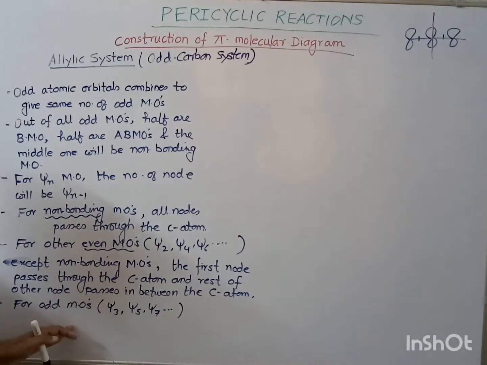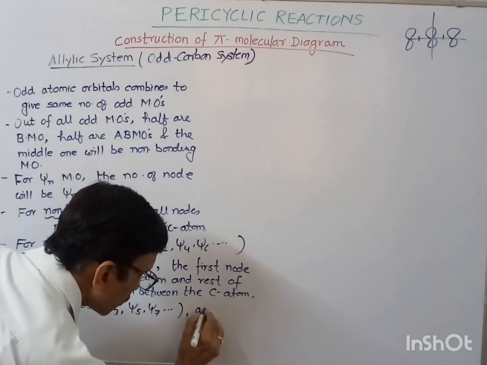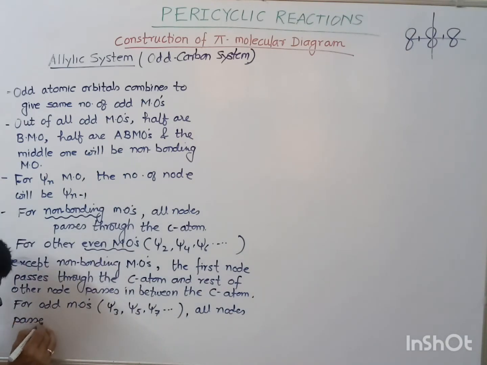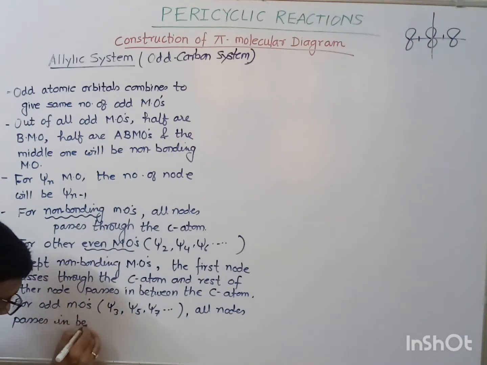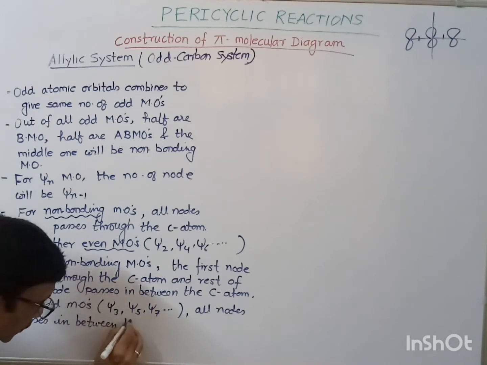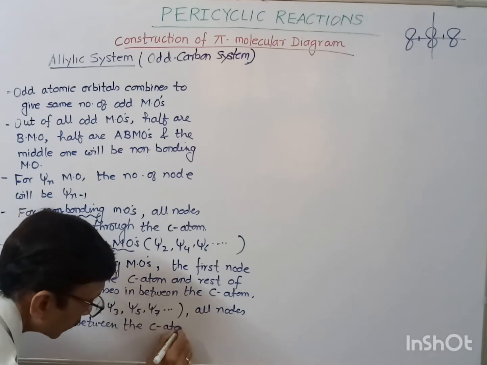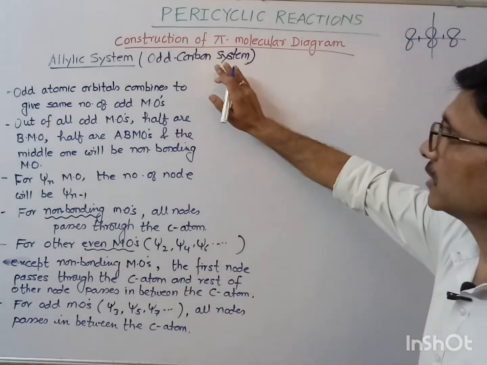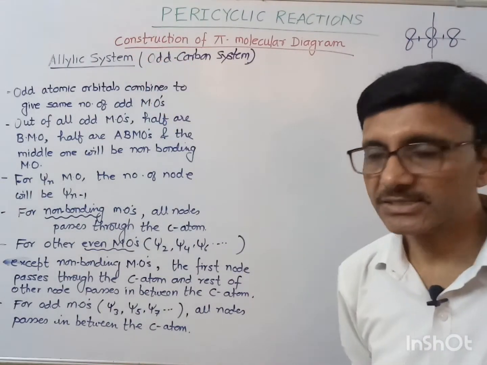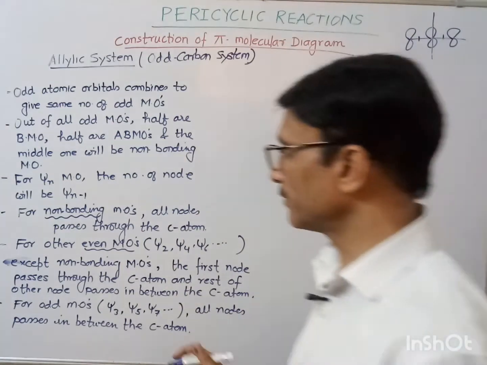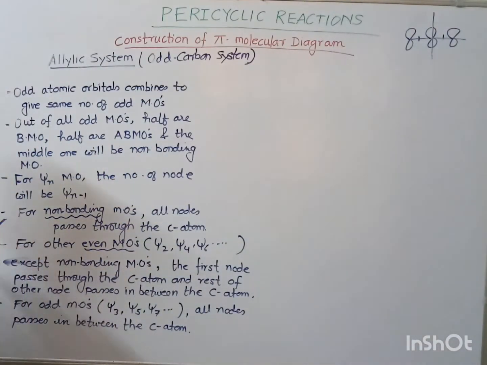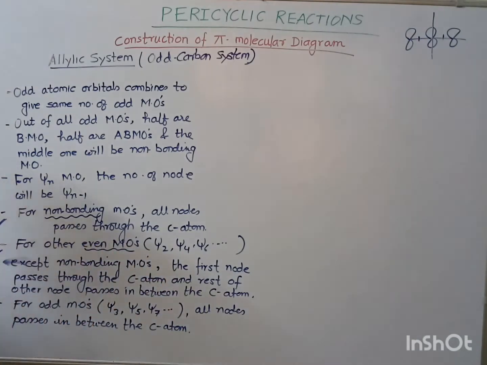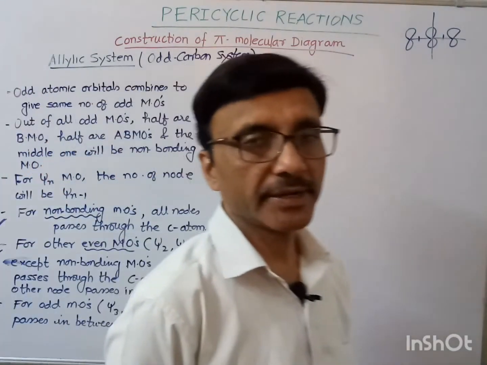For odd molecular orbitals, all nodes pass in between the carbon atoms. This is the rule we should remember while drawing the molecular orbital diagram for the odd carbon system or allylic system. So these three are the main rules, for non-bonding molecular orbitals, for even molecular orbitals, and for odd molecular orbitals. These three rules we should keep in mind.